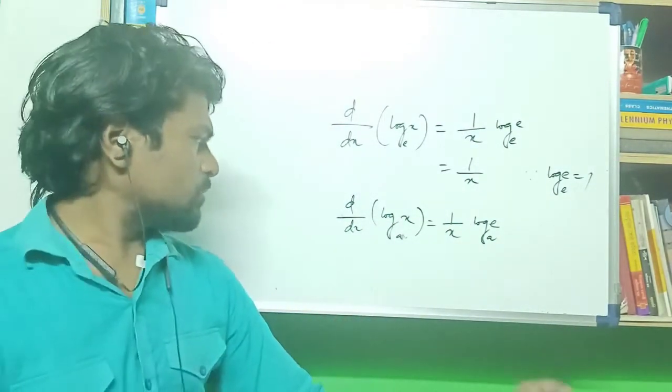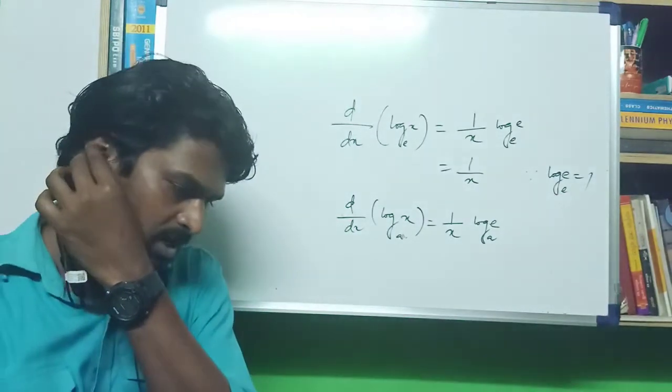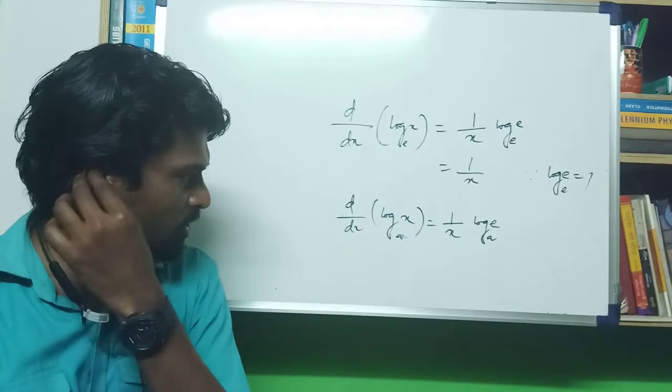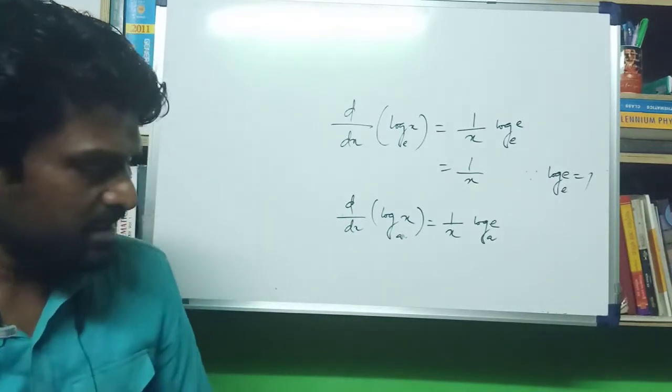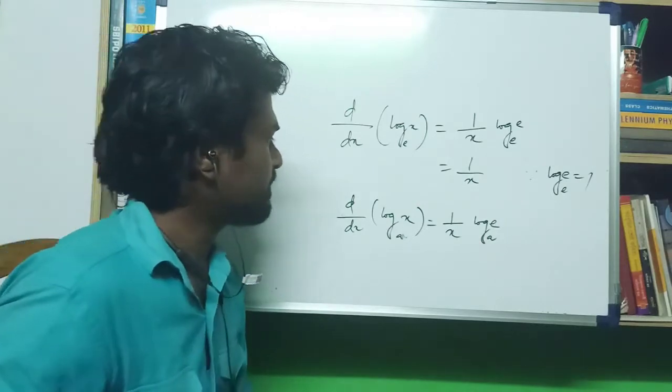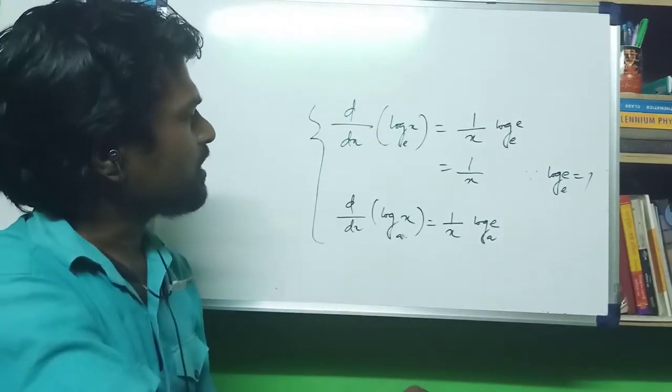So this is the rule: for d/dx of log x base a, it is 1 by x log e base a. These are the rules of the logarithmic function.